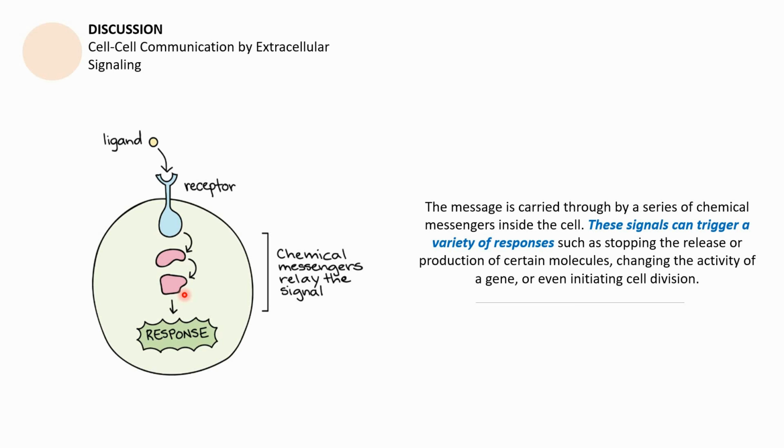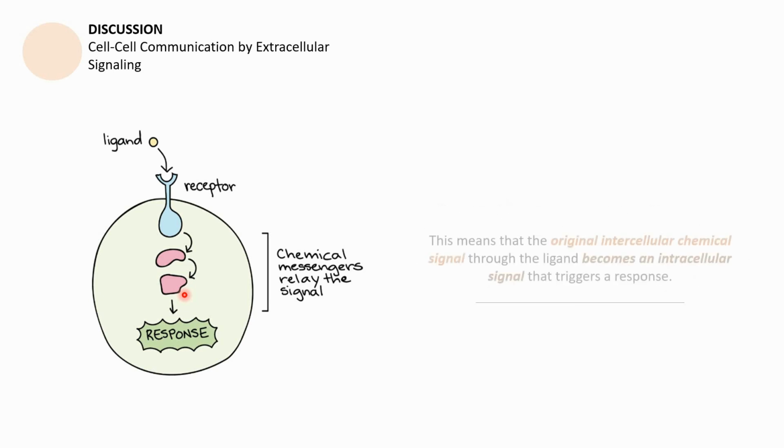Pwede siyang mag-express, pwede siyang ma-inhibit. And then, pwede rin siyang mag-initiate ng cell division. So, this means that the original intercellular signal through the ligand becomes an intracellular signal that triggers a response. Yung ligand is found in the extracellular space.